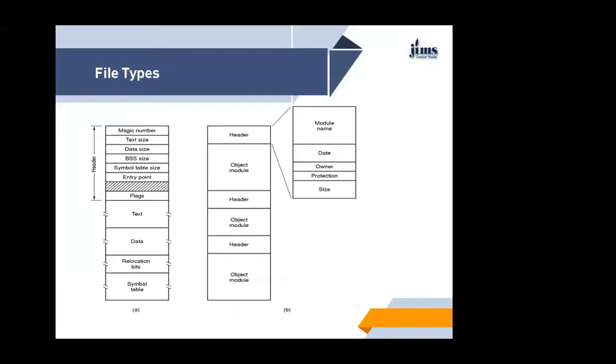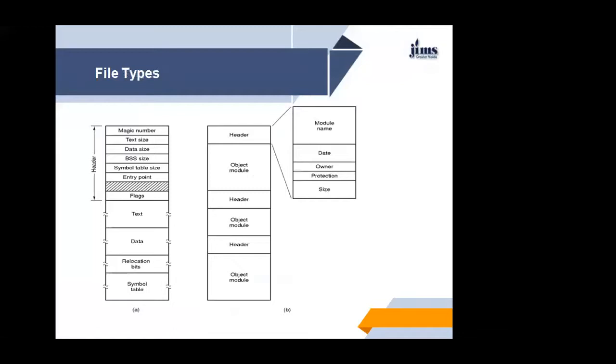After that there will be text, data, relocation bits, and symbol table. In this header you can see the module name, date, owner, protection, and size, and this is the object module. Again you can see header, object module, header, object module. In this way, the file systems are there.